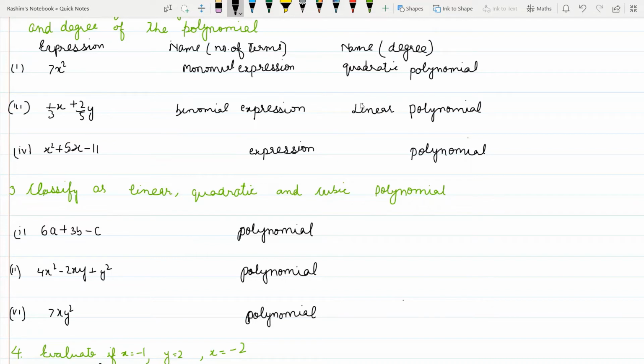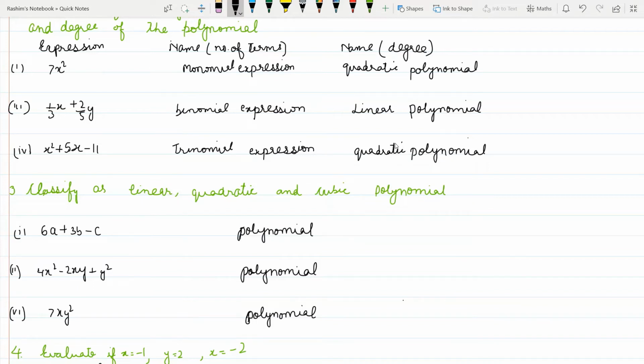I hope you are getting what I am doing. Now in the fourth part, it is x square plus 5x minus 11. So 3 terms means trinomial. So this is a trinomial expression, and you can see here x square. x square means the polynomial is quadratic. Degree is 2.